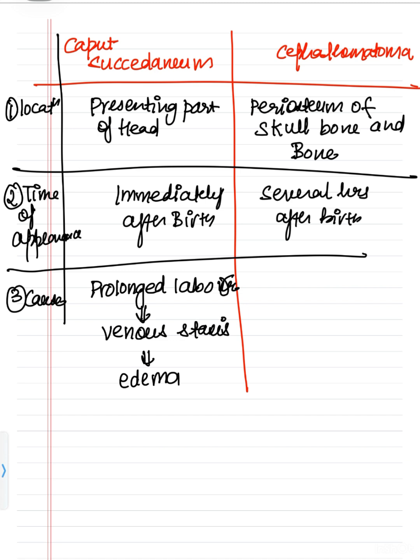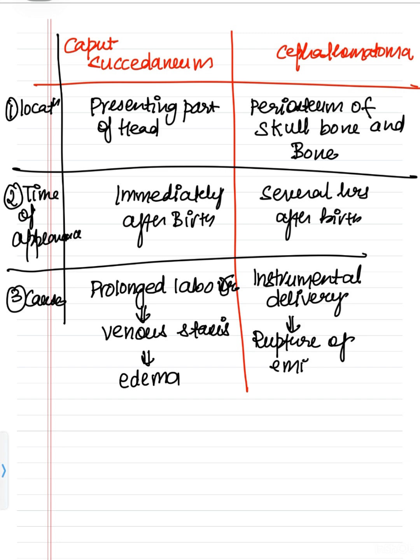While the cephalhematoma is because of the instrumental delivery. As we have seen in this question, there was forceps delivery. This instrumental delivery caused injury, which led to the rupture of emissary veins in the skull.